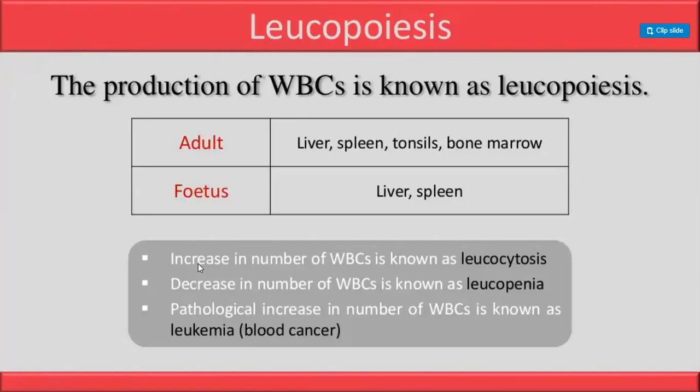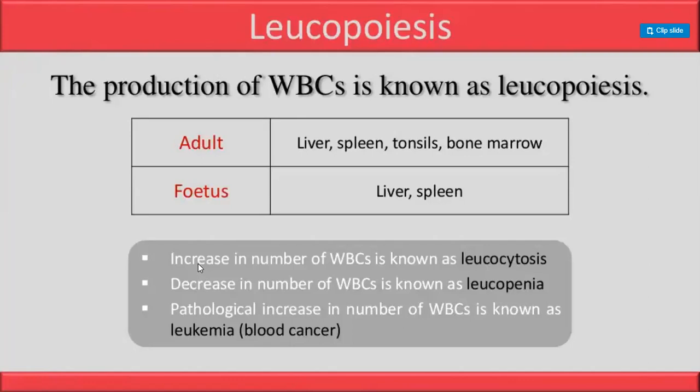So look at the distance between 4 to 9 or 5,000 to 10,000, but now we have 20,000. So that should tell you that there is leukemia, or what we call blood cancer. And when there is blood cancer, there is excessive, unregulated, unrestrained production of blood cells, especially of the white blood cells.